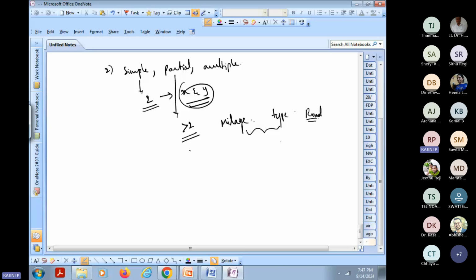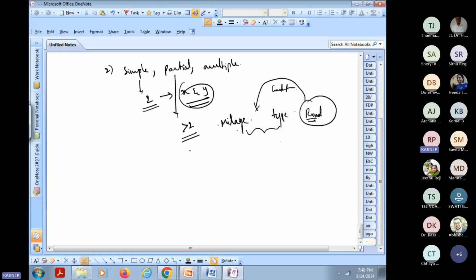So now I want to find the relation between the mileage and type of car, keeping the effect of the third variable constant. Then we go for this partial correlation. Clear? So partial correlation means we have more than two variables but we want to find the relation between only two variables by keeping all other remaining variables constant.